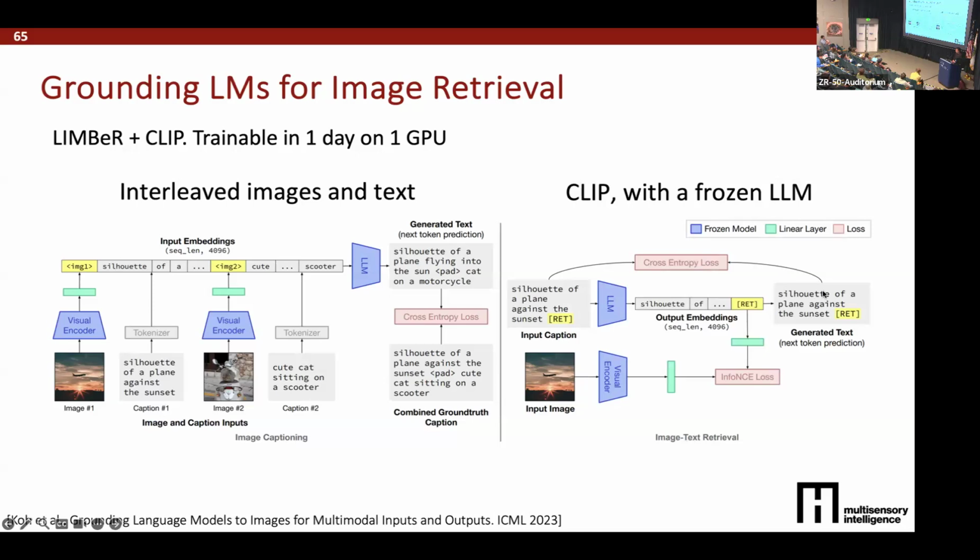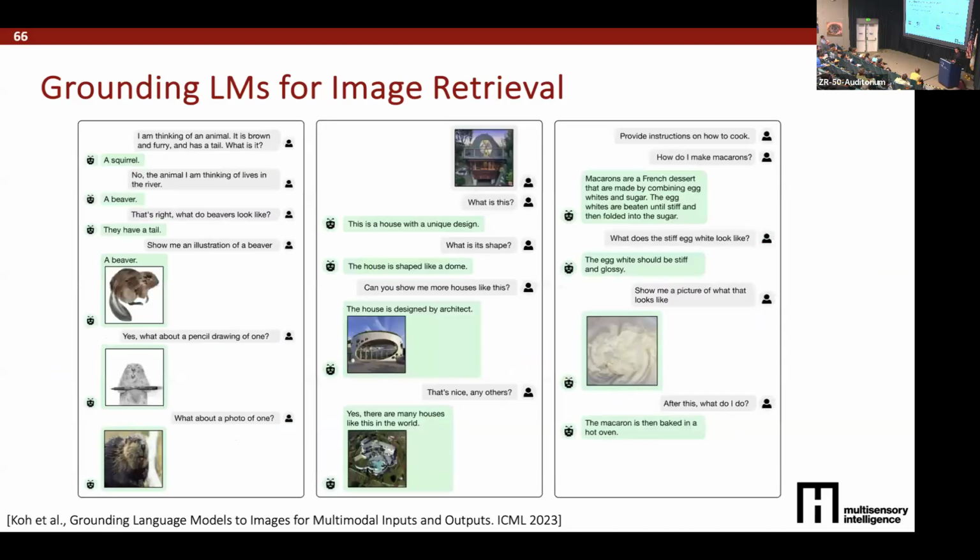So again, over here, the model might generate a silhouette of a plane against the sunset as the next caption, and it can retrieve, out of a set of images, the one that most closely represents the silhouette of a plane against the sunset. So that's one step in enabling these forms of multimodal dialogue models.